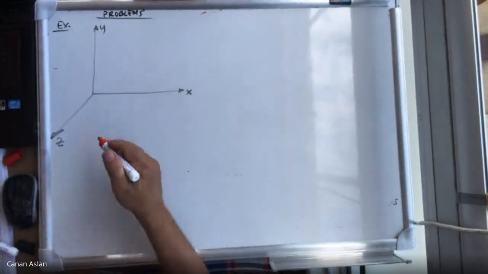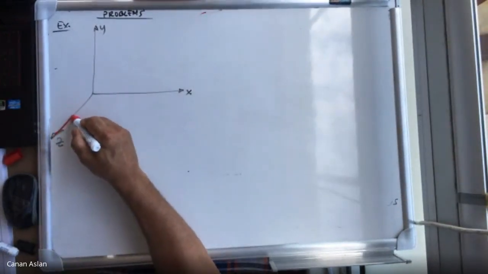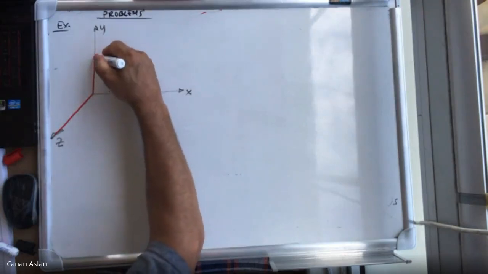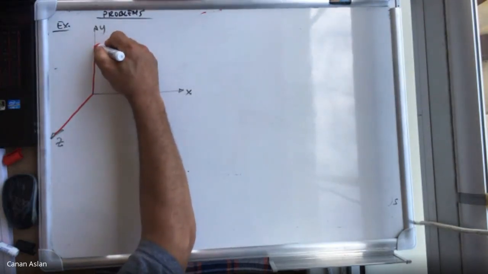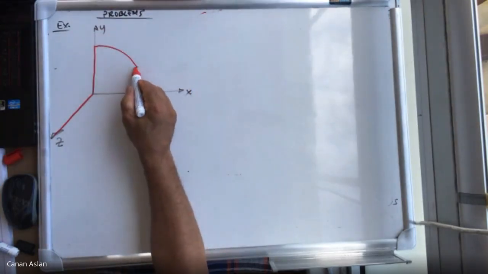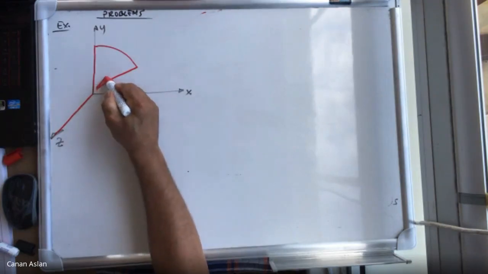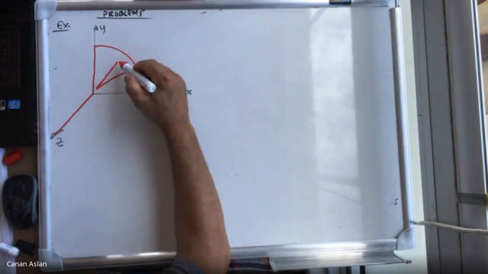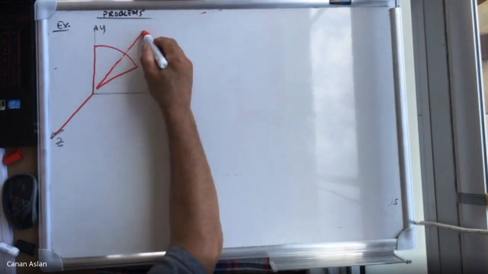Now we have a wire which is coming from here like that, going up and rotating like that at some angle and going to the center and continuing from there in Z direction like that.